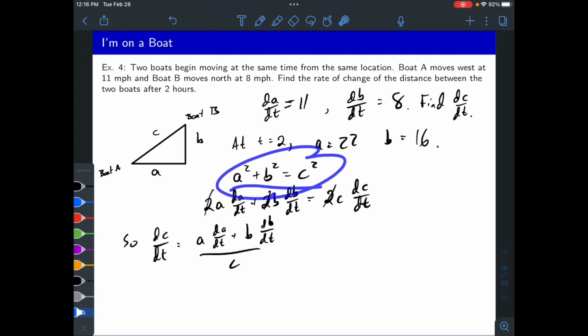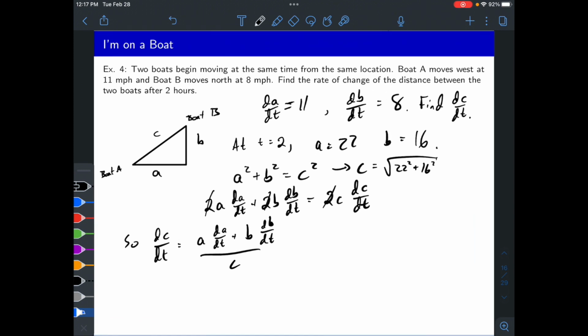So we're actually going to need to go back to this equation that relates A, B, and C and use that to solve for C. So C is going to be, in this case, just the square root of A squared plus B squared. So square root of 22 squared plus 16 squared. I'm not going to bother to simplify that, but you can if you would like to.